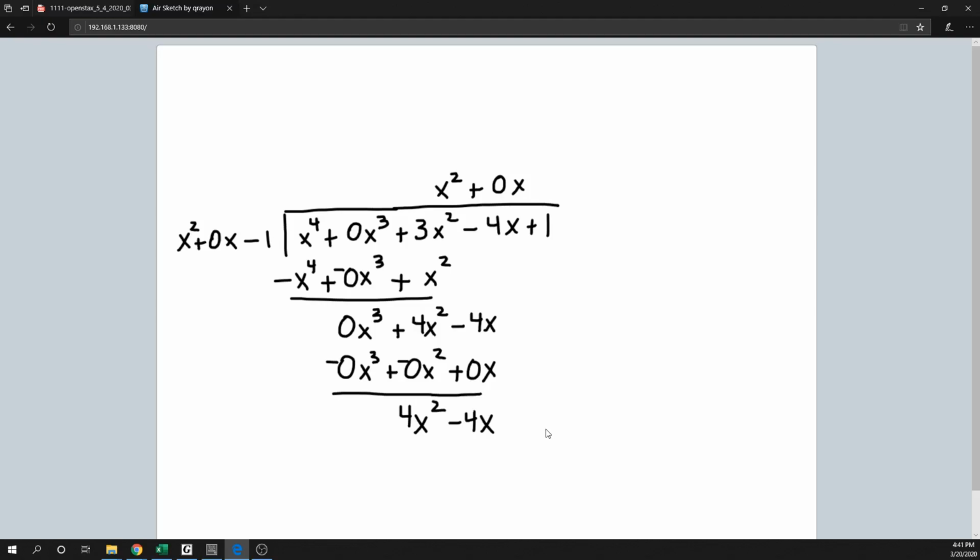All right, so next I'm bringing down that 1. I'm going to bring that down and then ask myself, hey, what would I multiply x squared by to get 4x squared? And that's going to be a 4. So I'm going to write the 4 up here.